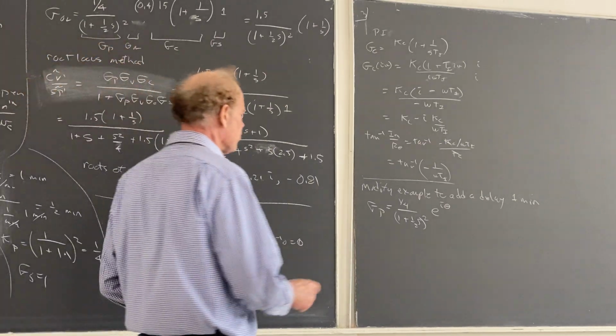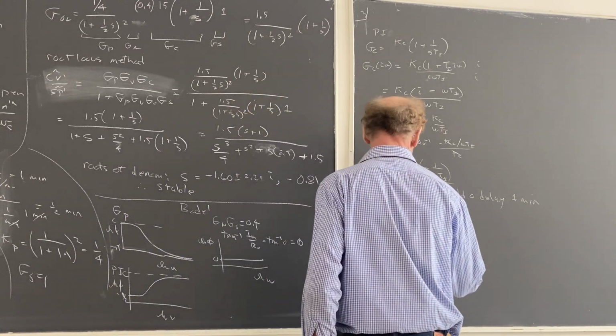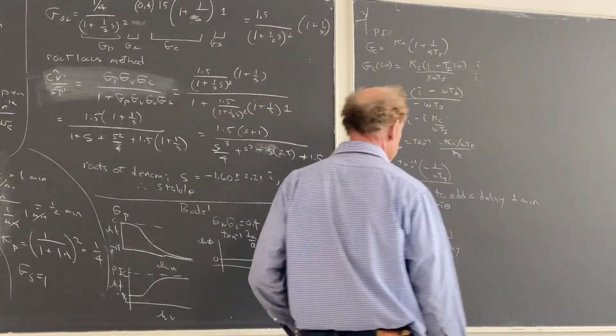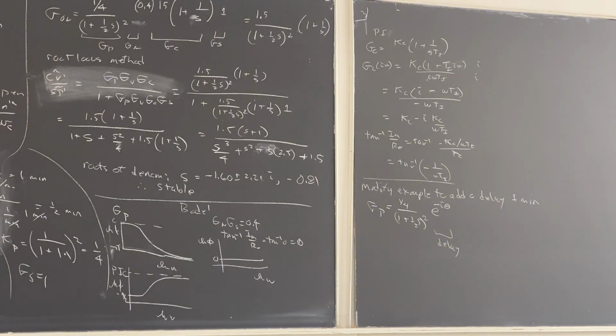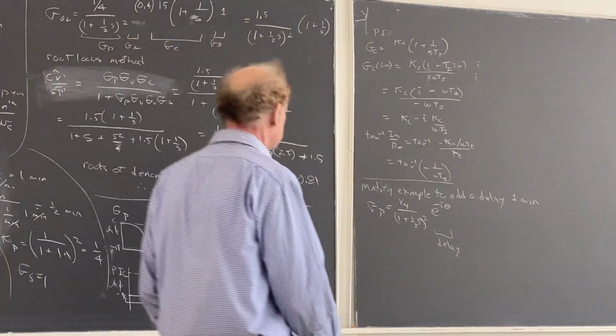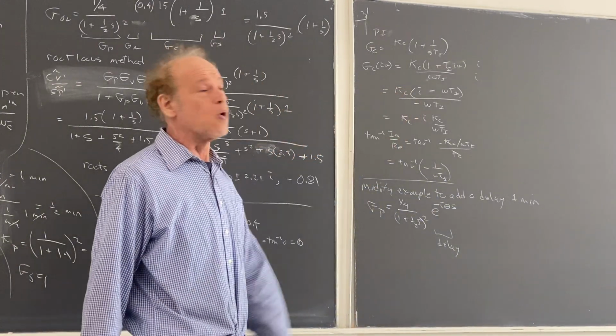It was e to the minus I theta. This was the delay part. E to the minus I theta times s. So here theta is just going to be 1.